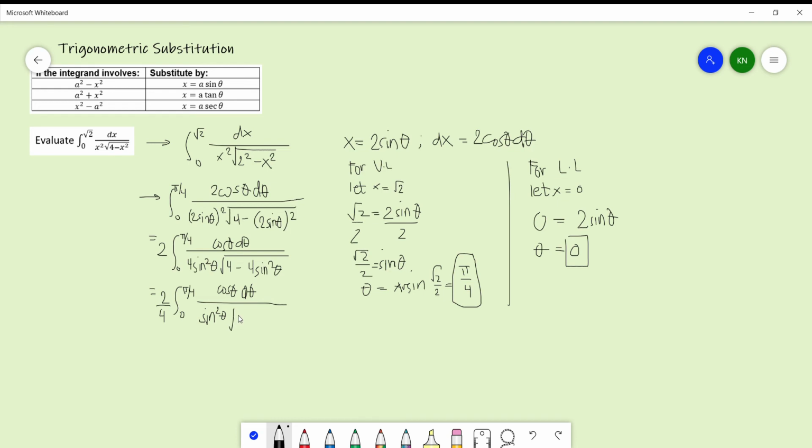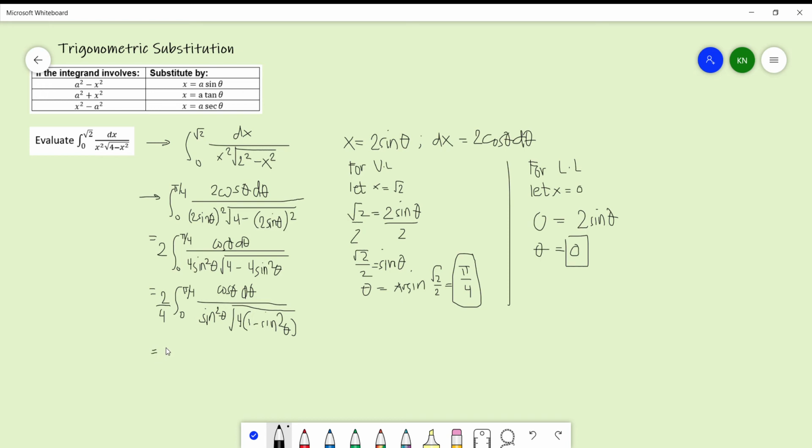And then factoring the common between the two terms, we have 4 times 1 minus sine squared theta. So as we know, 1 minus sine squared theta is also equivalent to cosine squared theta.